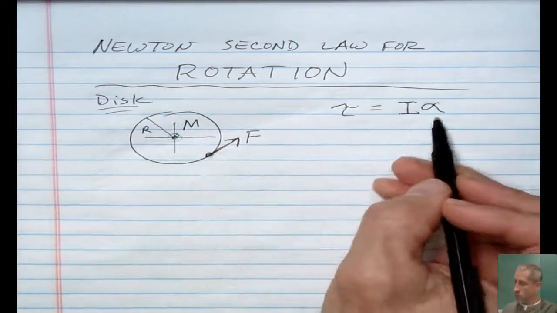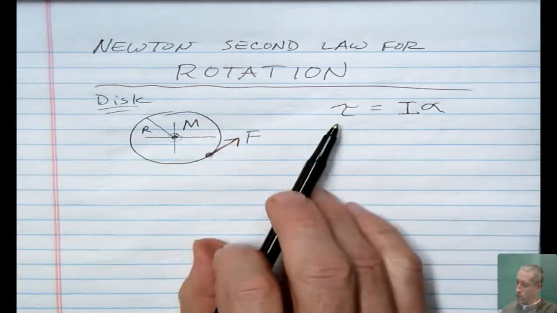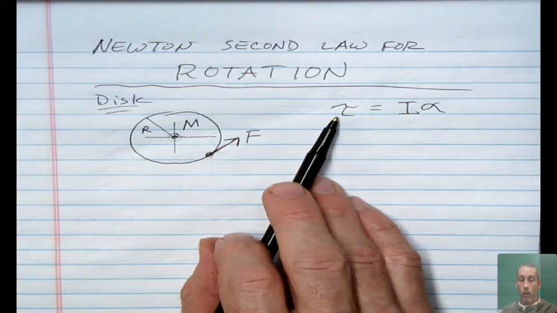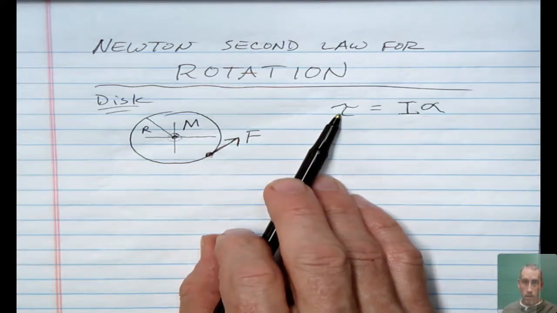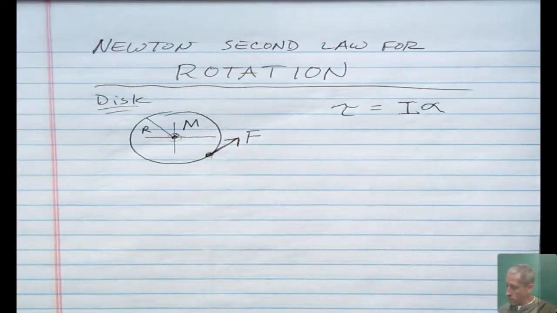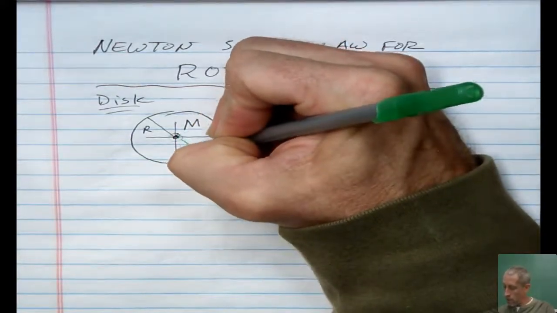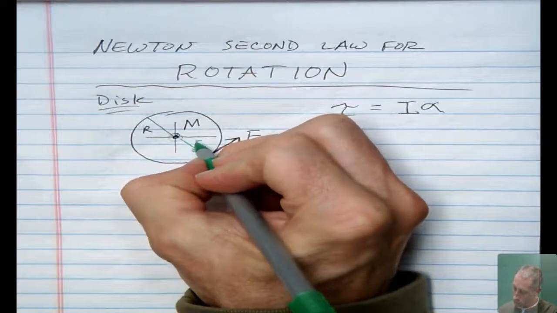So let's just describe what the angular acceleration for this setup here would be. Just reviewing what torque is. Torque is the force multiplied by how far that force is located from the axis of rotation times the sine of the angle that those two vectors make with each other. So if I draw in a little vector here from the axis of rotation to the location where that force is, we call that the little r vector.